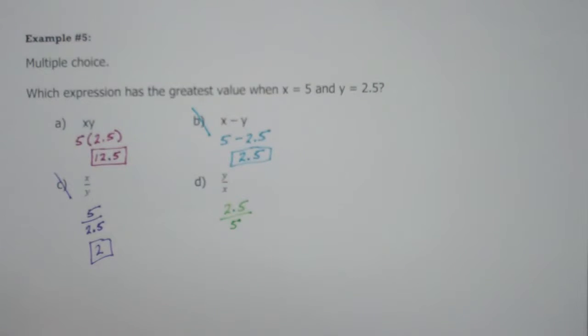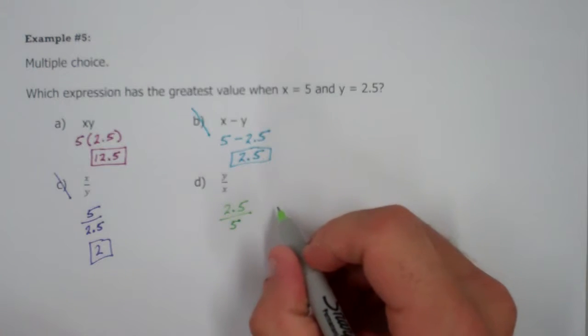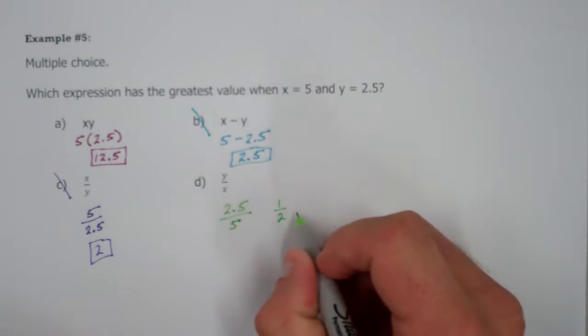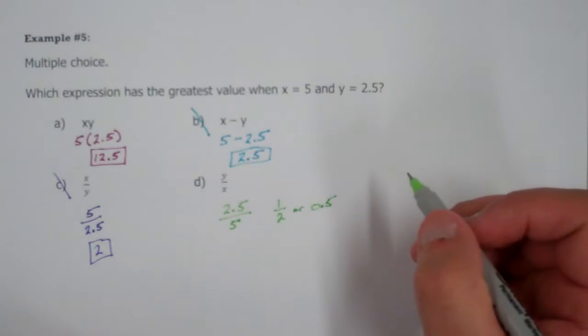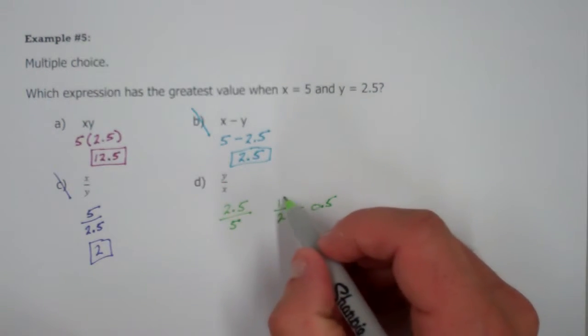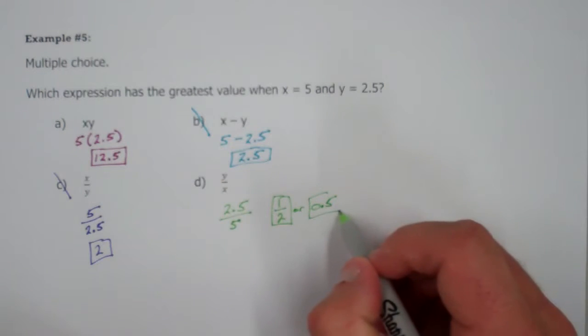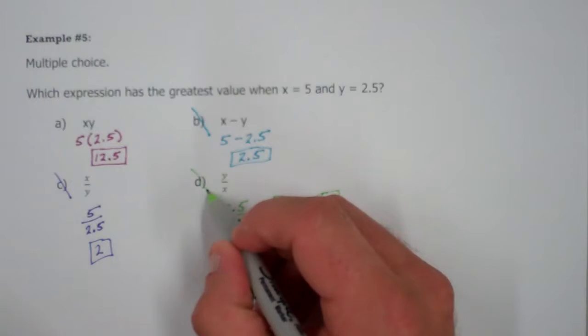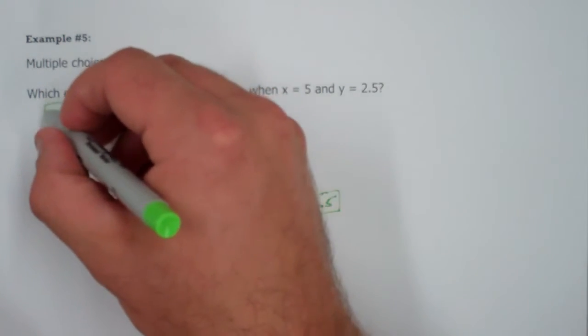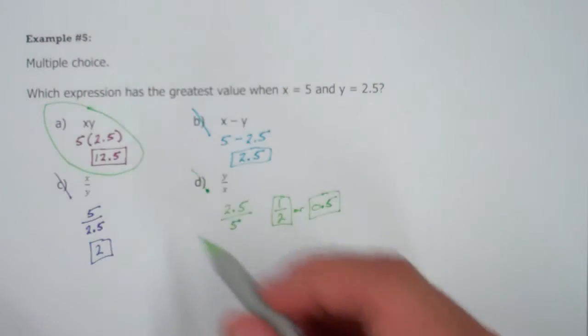Well, let's see. I think that's going to be 1/2. Or you could have written 0.5. Yeah, that would work. So 1/2 or 0.5. That's a lot lower than A. So our winner is this one right here.